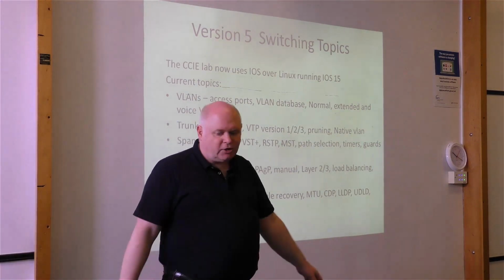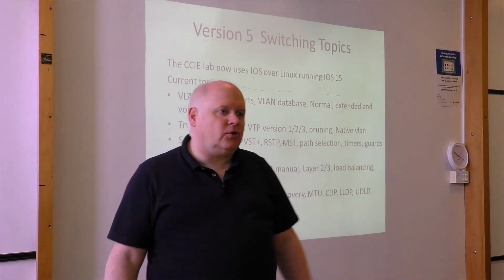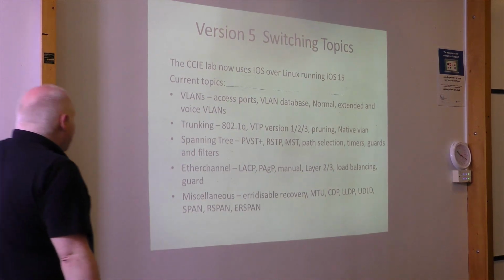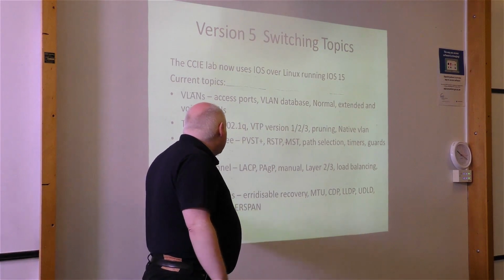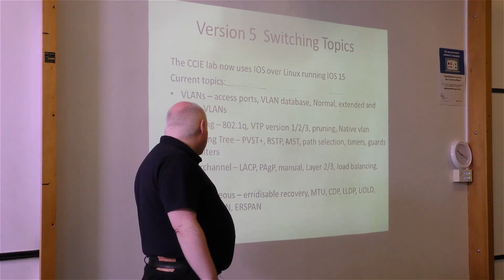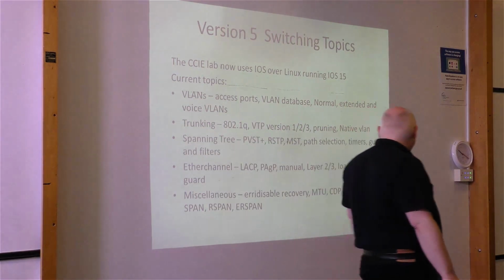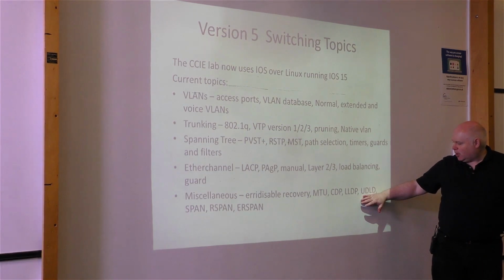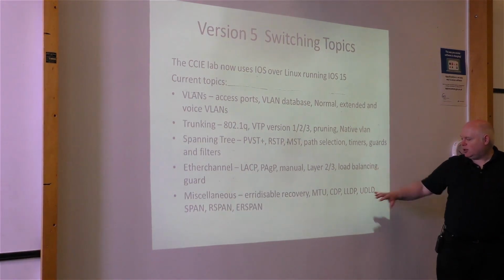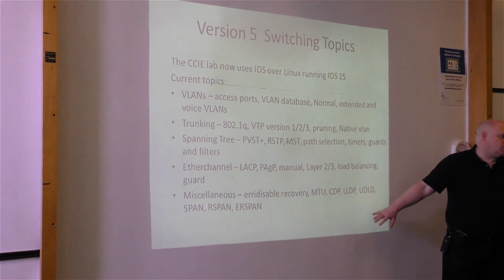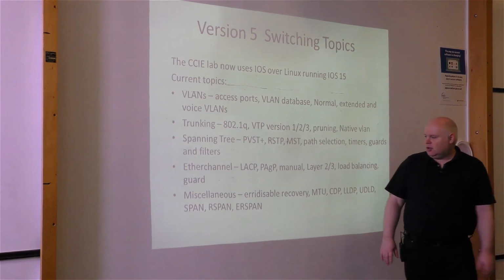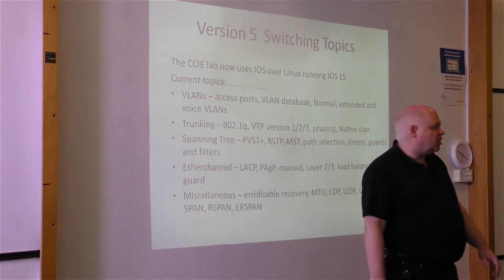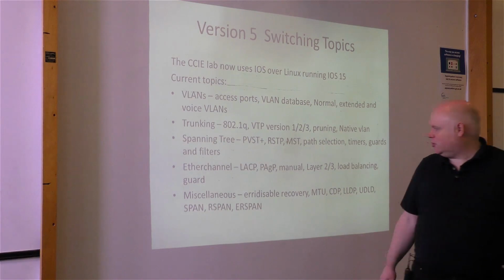Then we'll look at link aggregation, EtherChannel in Cisco, LAG groups to everybody else. And then some other things that we'll encounter along the way, like mechanisms where we can improve the reliability of our network, like UDLD, unidirectional link detection, and further on we'll talk about SPAN and extended SPAN and all this kind of stuff too.